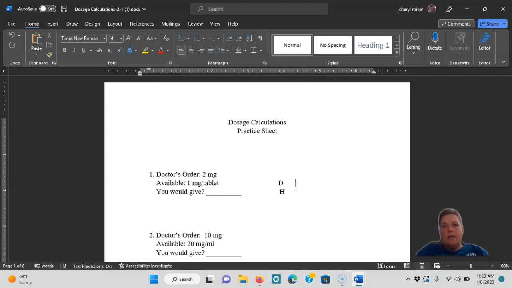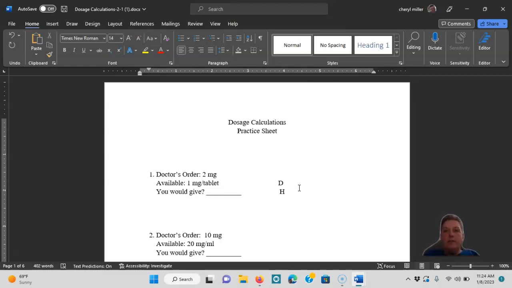Otherwise, you're just going ahead and putting what you desire to give over what you have. Okay, so then when you put 2 on the top and 1 on the bottom, and you divide 2 by 1, you're going to see I want 2 tabs.